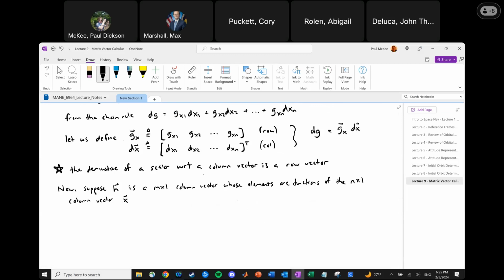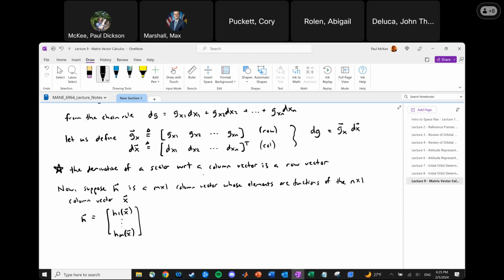H, which is a vector, is h1 of x all the way to hm of x, where x itself has n elements. So each term in H is some different function of all of the elements, or some combination of the elements, in x.